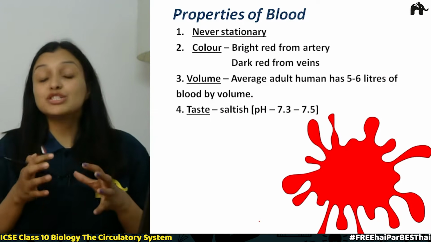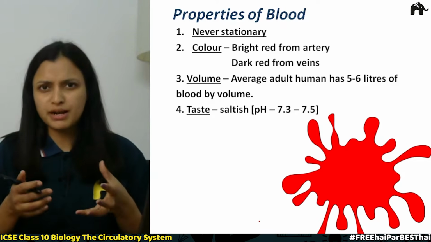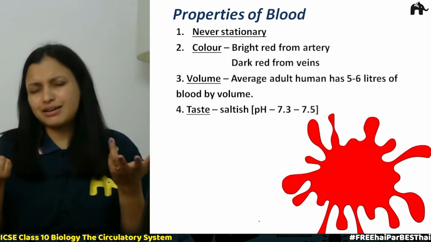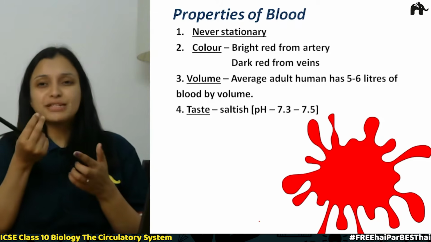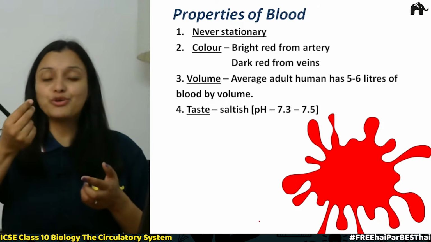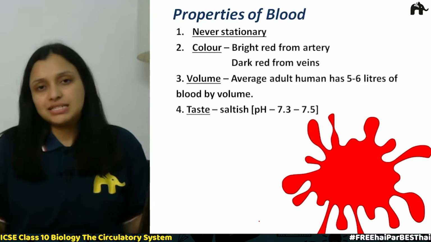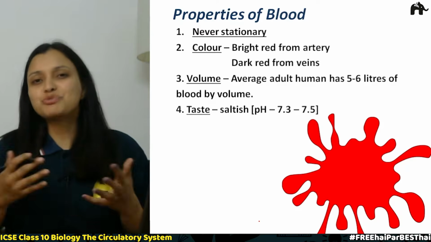Now, the properties of blood. You must have seen blood, your own blood, or your friend or your family member might have experienced a small cut on the body, right? You must have seen the blood coming out from that cut part, correct? So everybody has seen blood, and it is very simple for us to understand the properties of the blood.